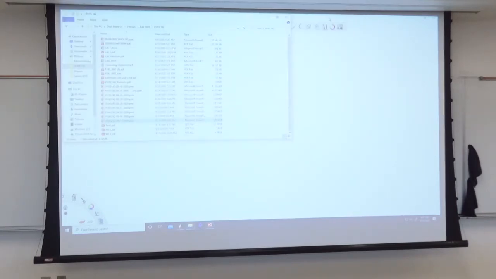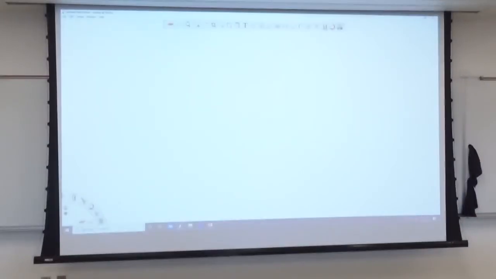In a single slit you have one slit, like so. That's the magnified version of a single slit.